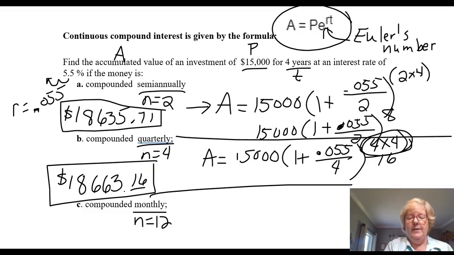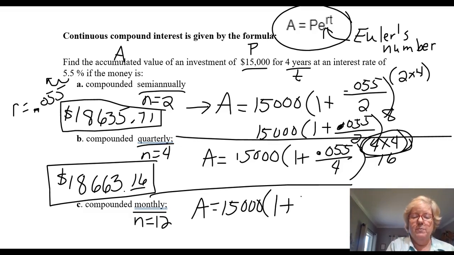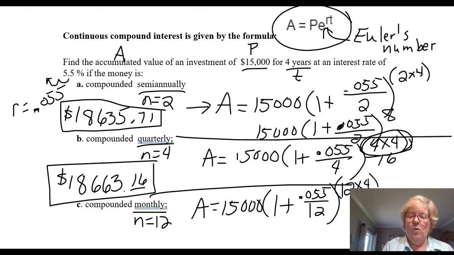Now for monthly. A equals 15,000 times 1 plus 0.055 divided by 12. Everywhere there was a 2 or a 4, I now put a 12. That's going to be 12 times 4. That exponent then is going to actually be 48.